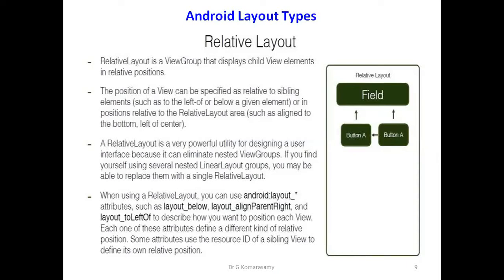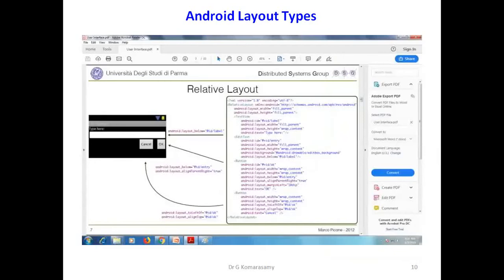Here you can mention the layout: layout below, layout align parent right, left, and to left of. So these are some of the functions we can use in the relative layout. This is a diagram of where exactly we need to update in the code.